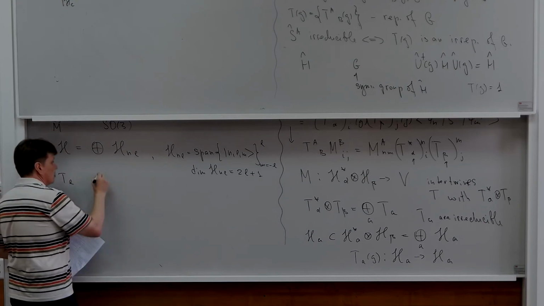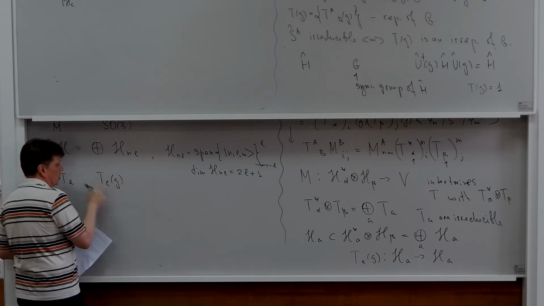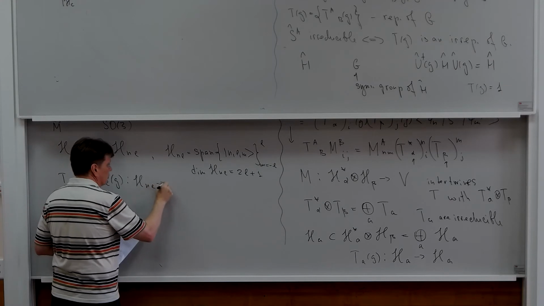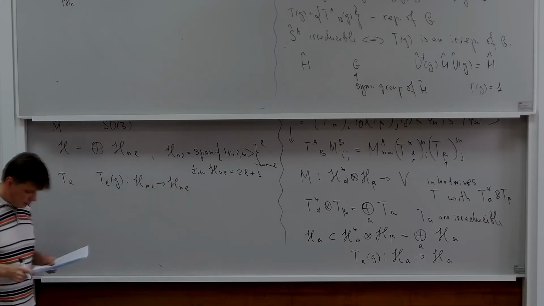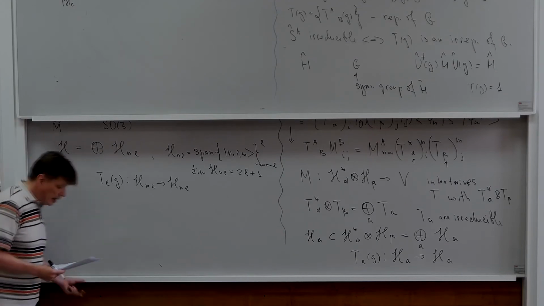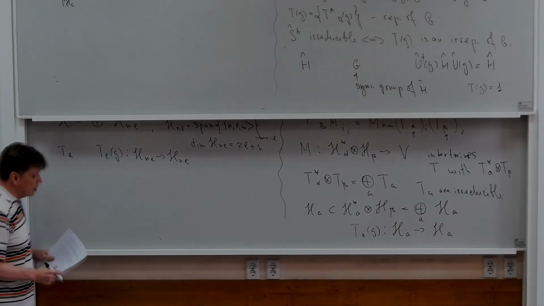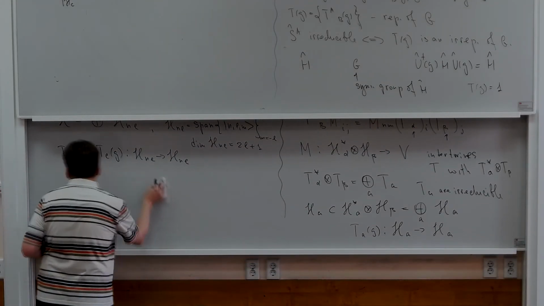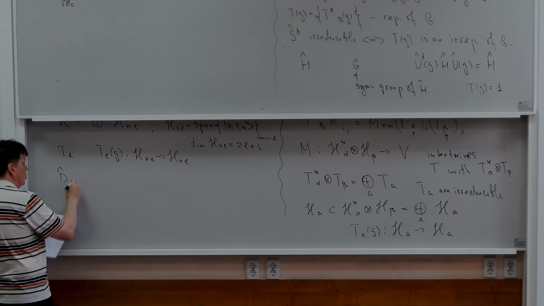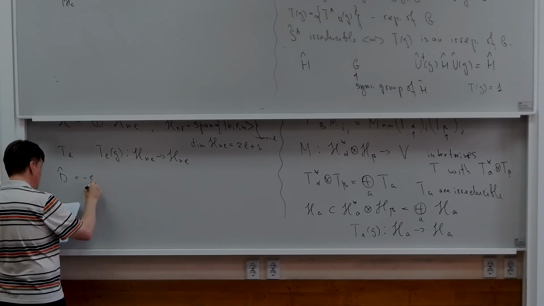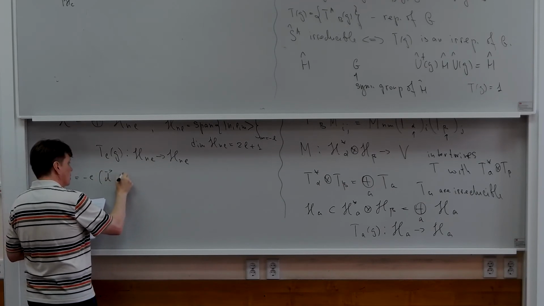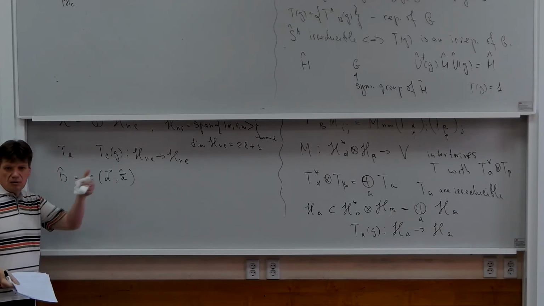So the elements of this representation act in the subspace H_NL. As you know, the operator of the electric dipole moment has this form: minus e x, where e is the charge, for example, of the electron, and x is a vector in space.